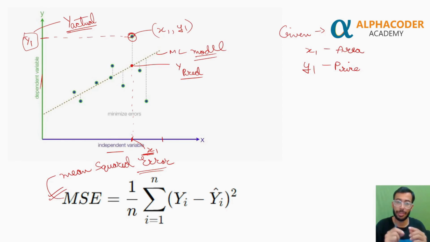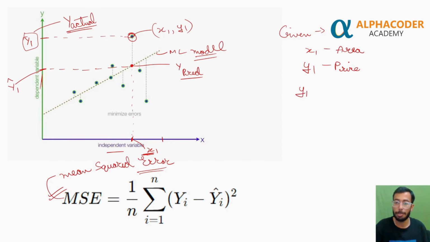Every point on this linear regression line will give us the predicted value for a corresponding x. So for this particular x1, this is the predicted value that we have got. If you label it on the y-axis, this is y1 cap, the predicted value for this x1.